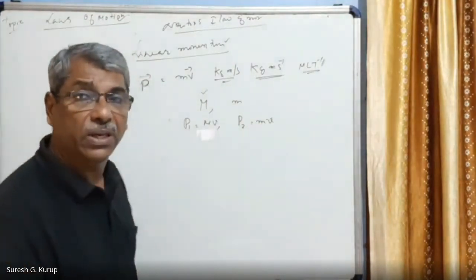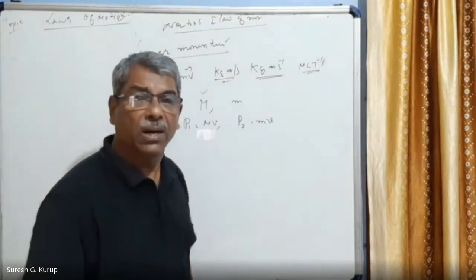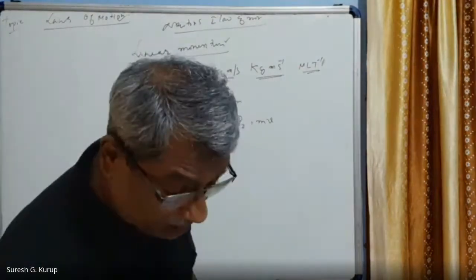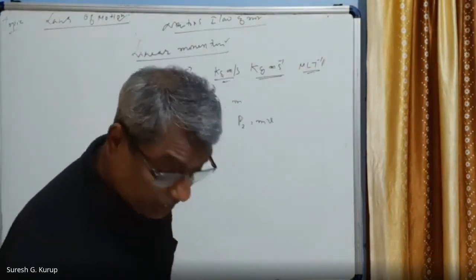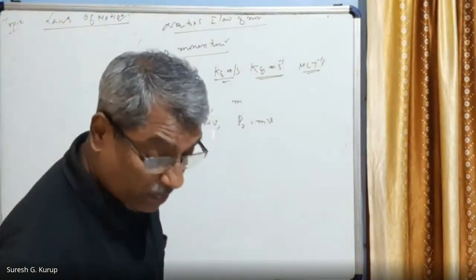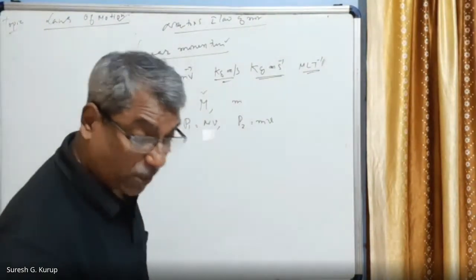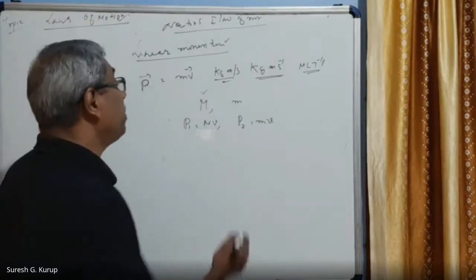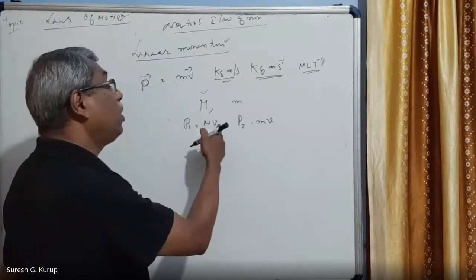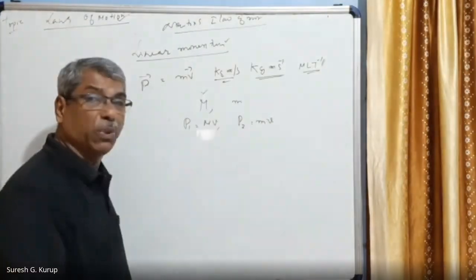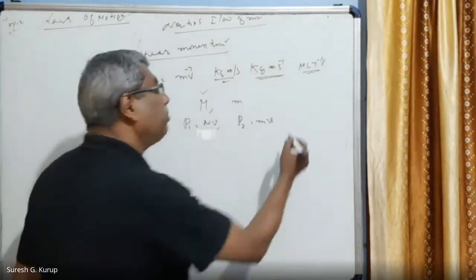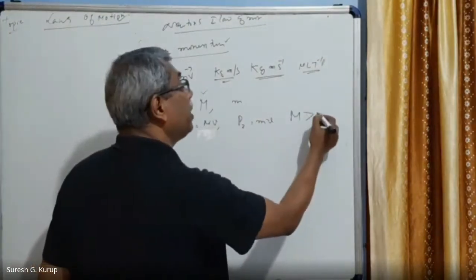Both are moving with the same velocities. Then P1 is equal to capital M into v and P2 is equal to small m into v. But remember, capital M is greater than small m.